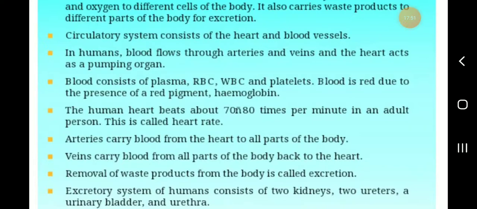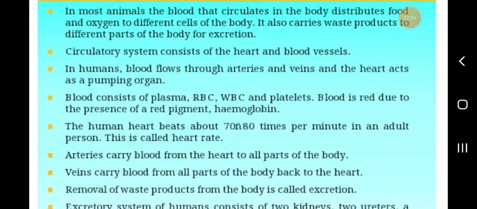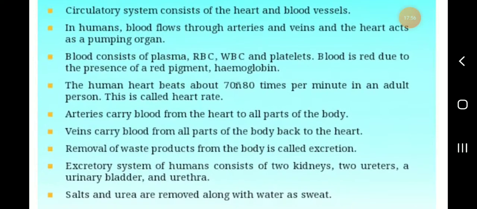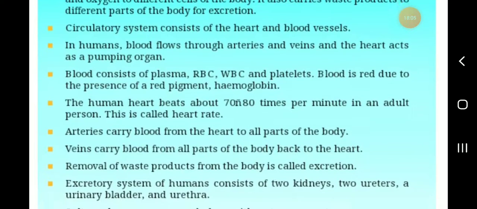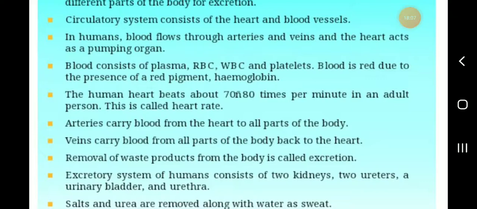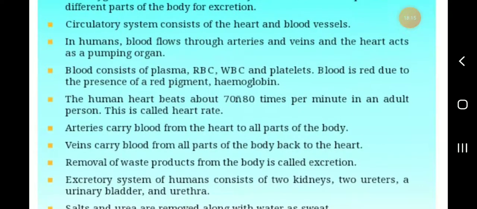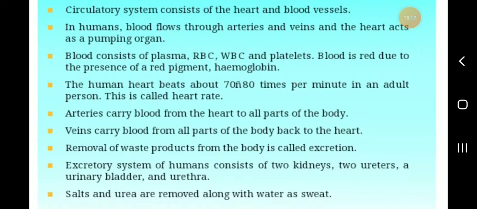In humans, the blood flows through arteries and veins, and the heart acts as the pumping organ. Blood consists of plasma, RBC, WBC and platelets.